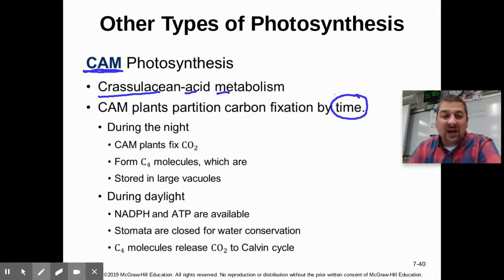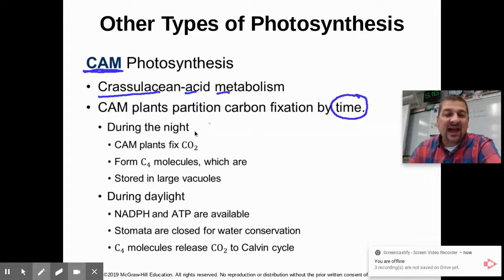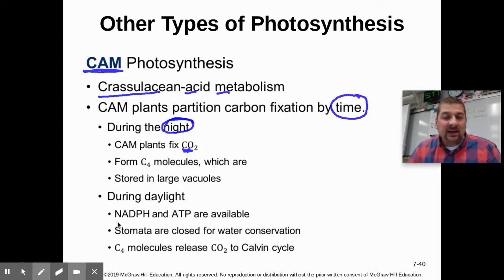CAM plants will actually fix the CO2 at night. So during the day, when the light reactions are cranking out the NADPH and the ATP, the stomata can stay closed so that they don't lose water.